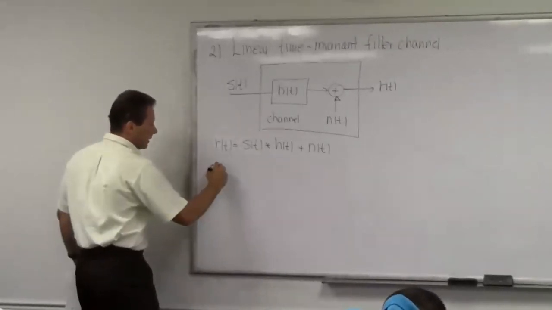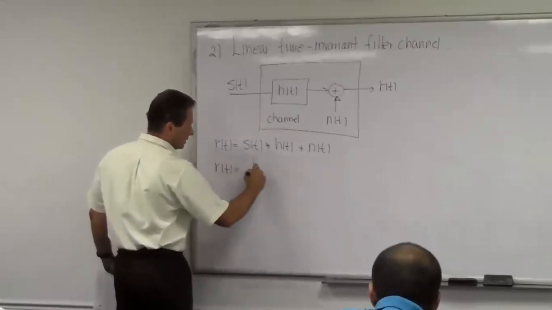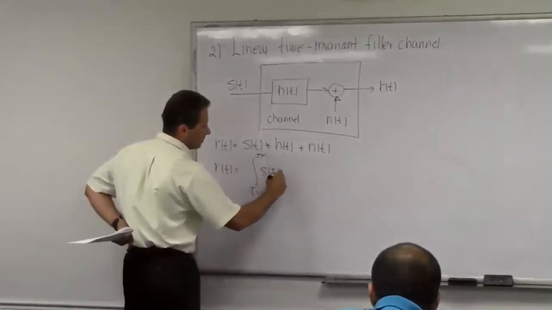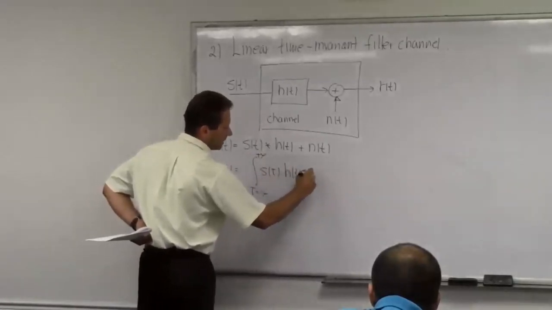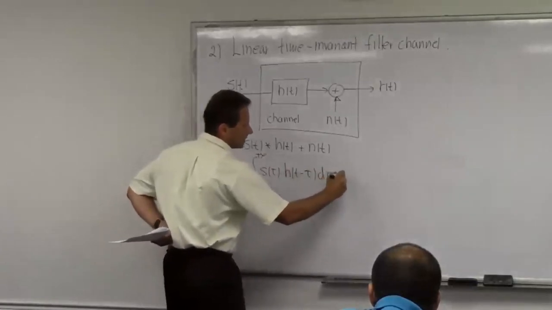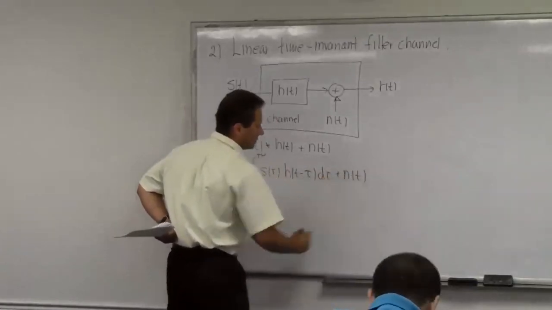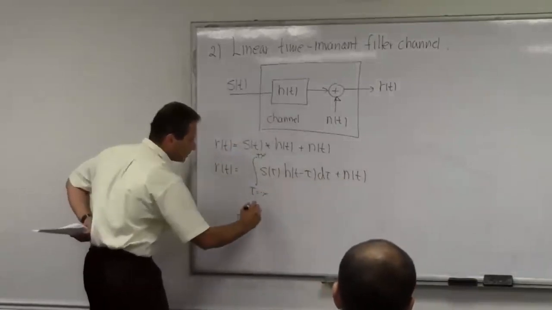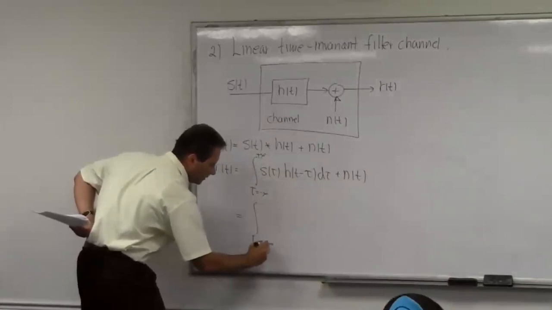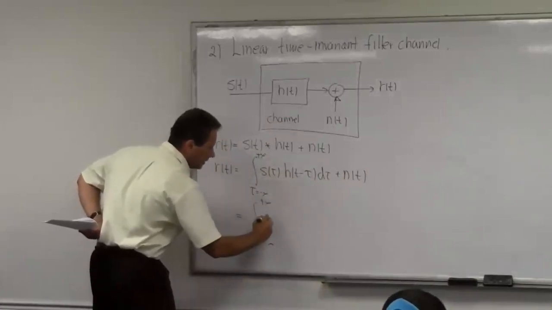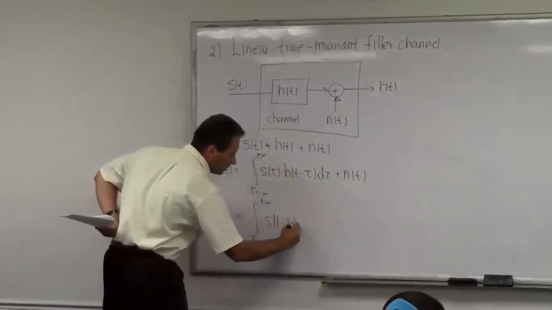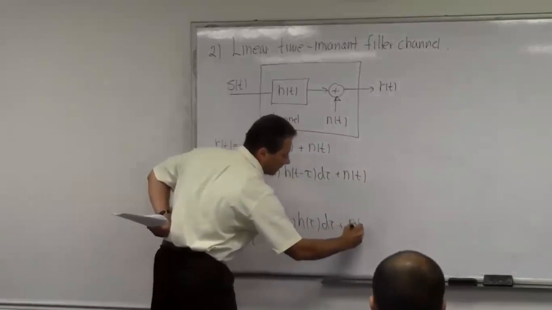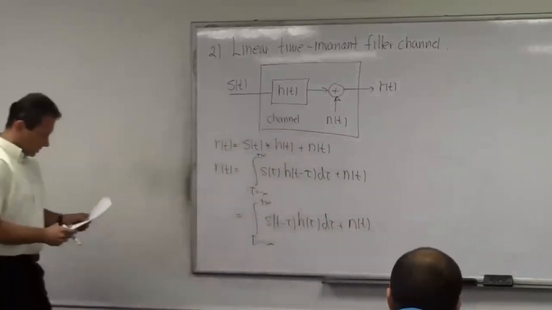In its expanded form, r(t) can be written as the integral, where tau goes from minus infinity to plus infinity, of s(tau) h(t minus tau) d tau, plus n(t). Or, by one of the theorems, these two are interchangeable, so I can have the integral from minus infinity to plus infinity of s(t minus tau) h(tau) d tau, plus n(t).